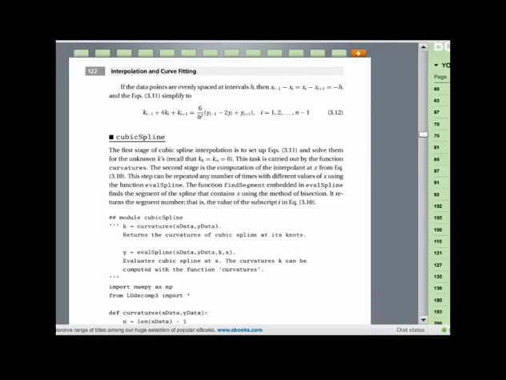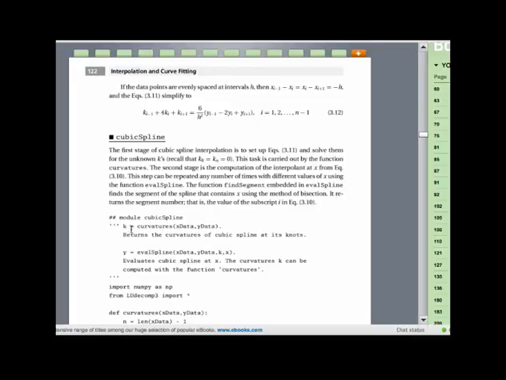So if we go to the textbook and look at page 122, you will see the cubic spline Python script. Again, the module is called cubic spline, and there are a couple of functions that define the module. The first one is called curvatures, because given your data that you want to interpolate, x data and y data, you need to produce those k_i's, the curvatures for the cubic spline at all the knots.